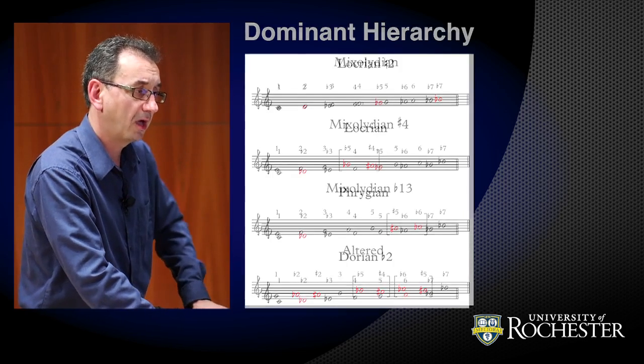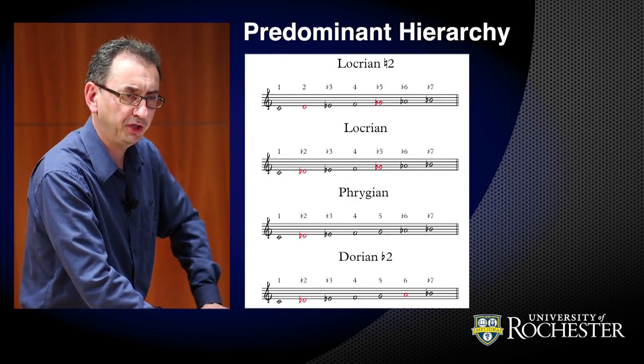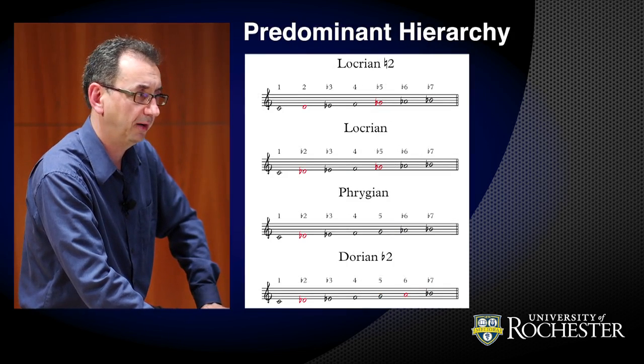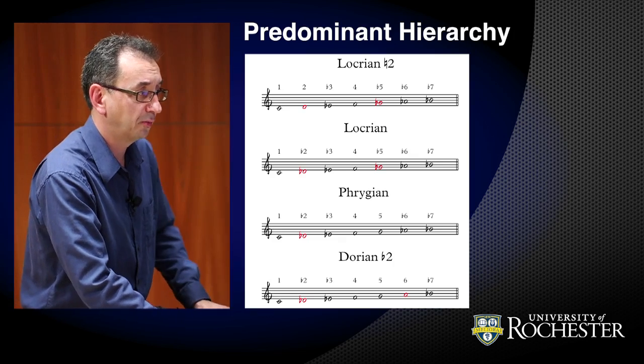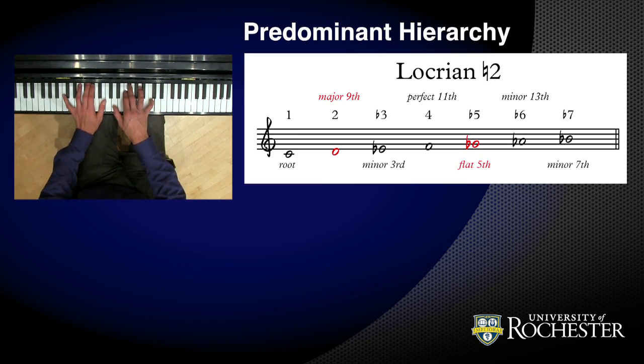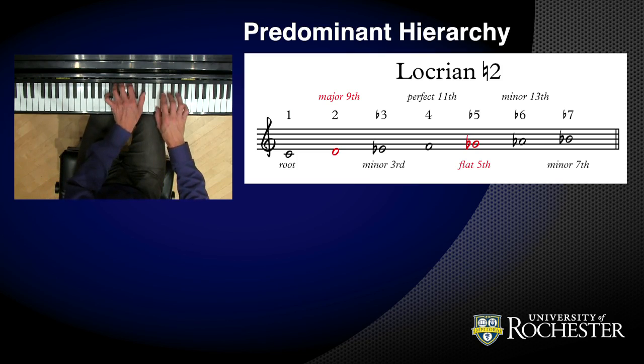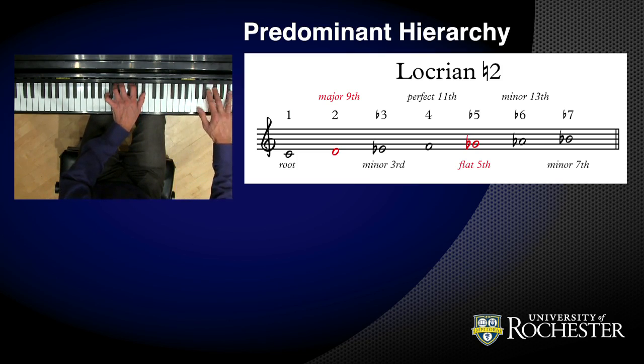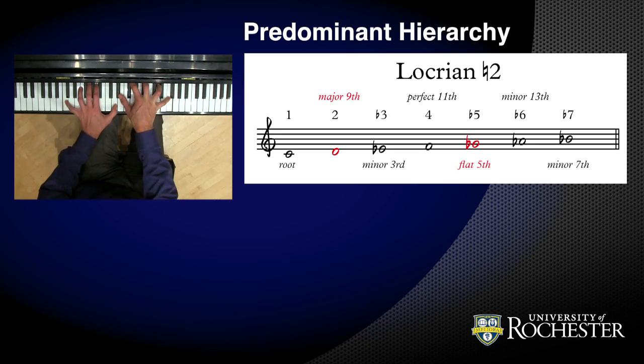And finally, we have the intermediate or predominant family. So we have 4 modes: Locrian natural 2, the beauty mark on flat 5, and major 9. That's the sound of Locrian natural 2.